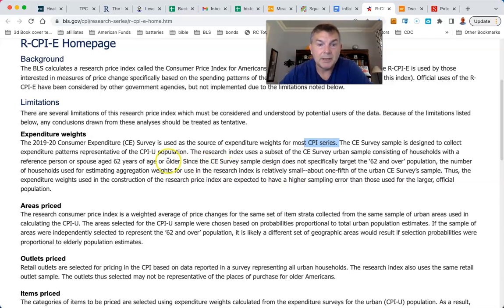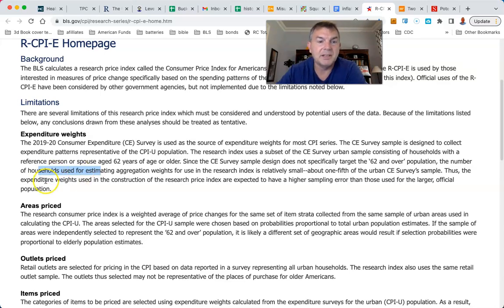Since the CE sample does not specifically target the 62 and over population, the number of households used for estimating aggregation weights for the research index is relatively small, only about one fifth of the CPI-U. So it's a small subset of the total, but it's still pretty big nonetheless.